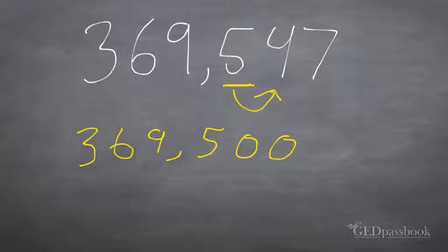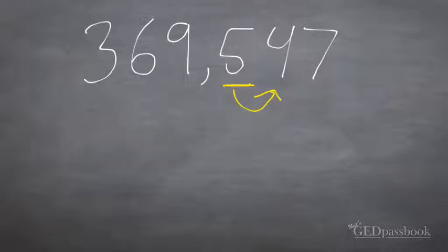Now comes your first trick problem in math. Round 369,547 to the nearest thousands place.